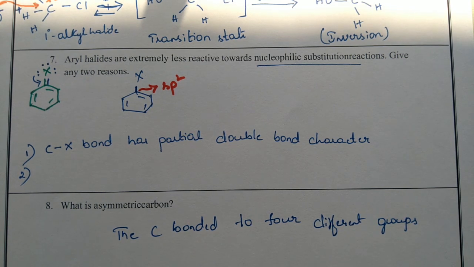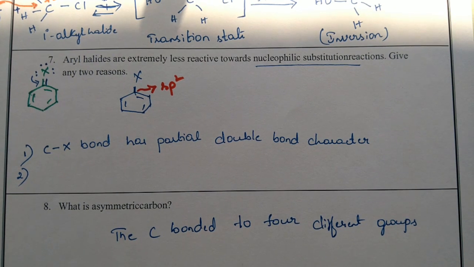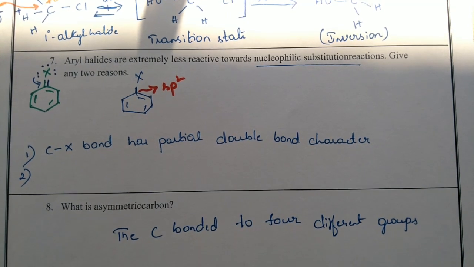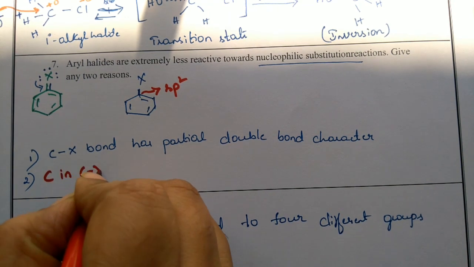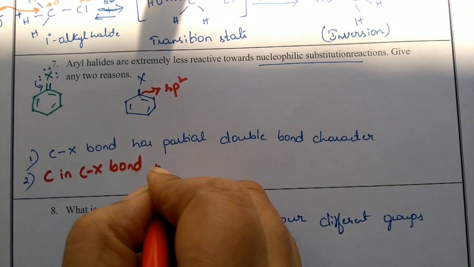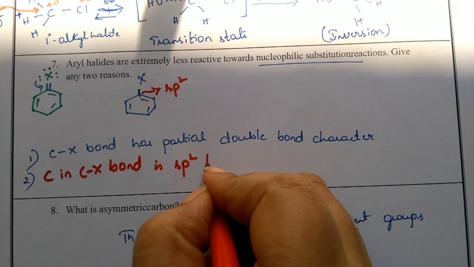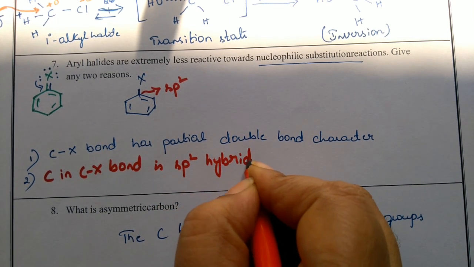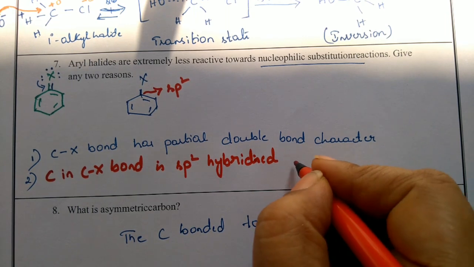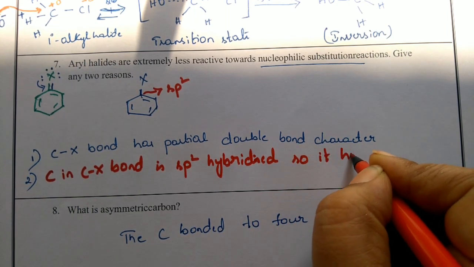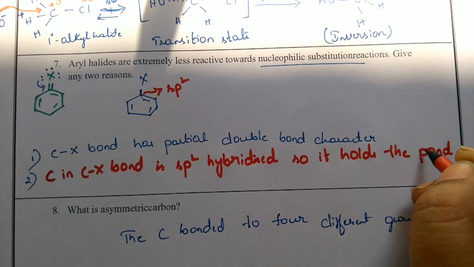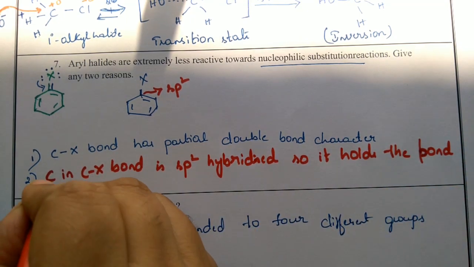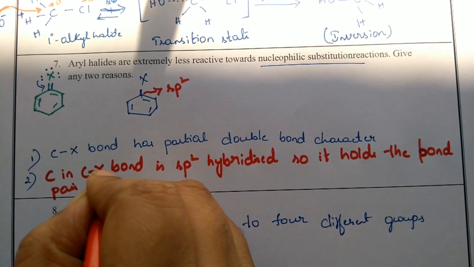That's why aryl halides are less reactive towards nucleophilic substitution. We'll write that down: the carbon in the C-X bond is sp2 hybridized, so it holds the bond pair more tightly.